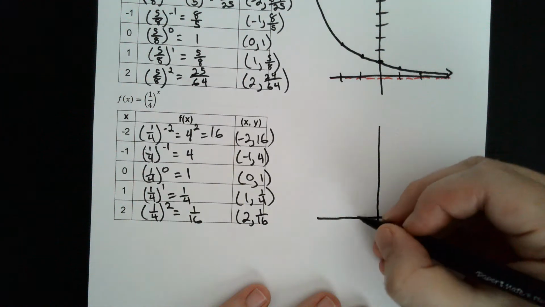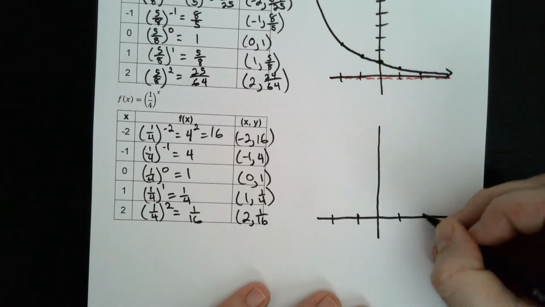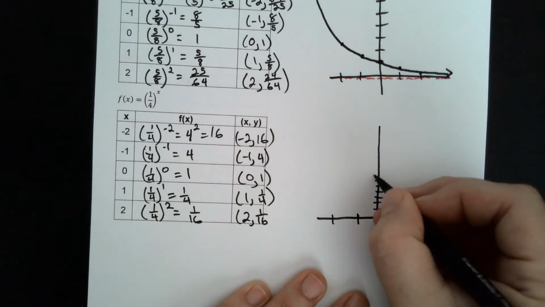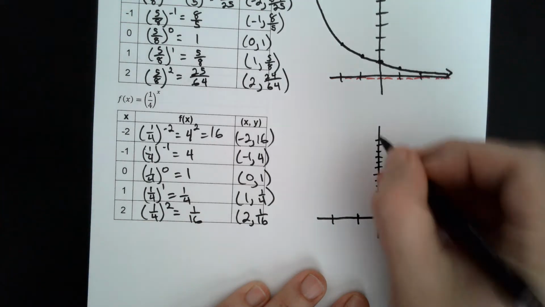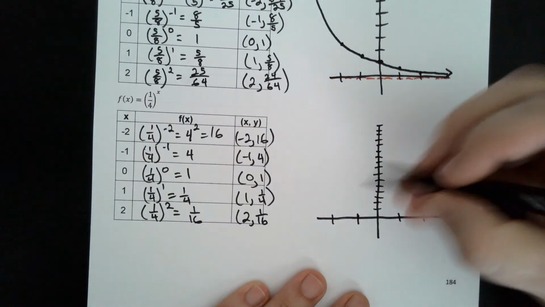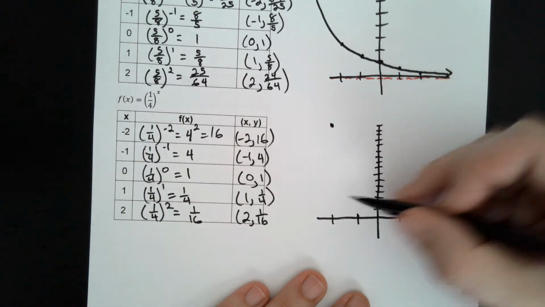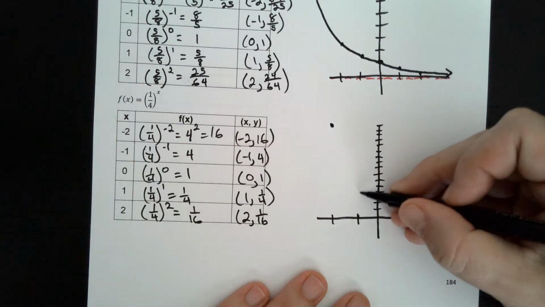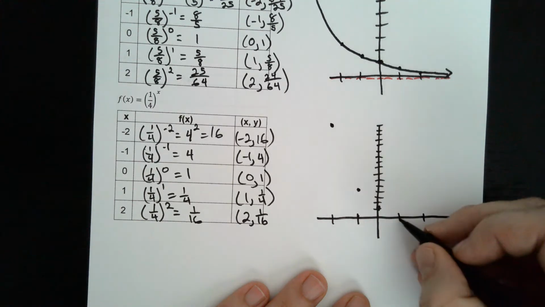So I can still get away with doing this and not showing underneath the graph because this is positive. Okay, so let's plug in some points. Here's -1, -2, +1, +2, and then 1, 2, 3, 4, up to 16. All right, so -2 goes all the way up to 16. -1 goes to 4. 0 goes to 1. 1 goes to 1/4.